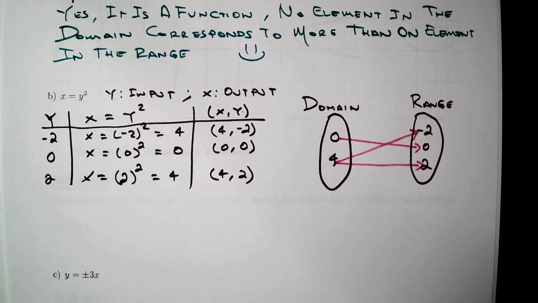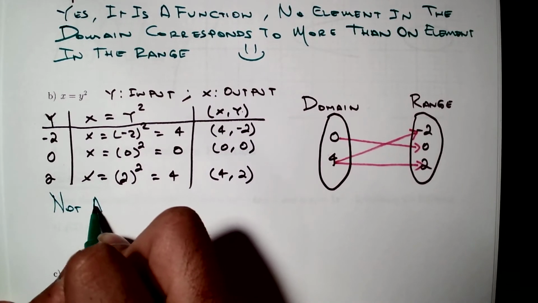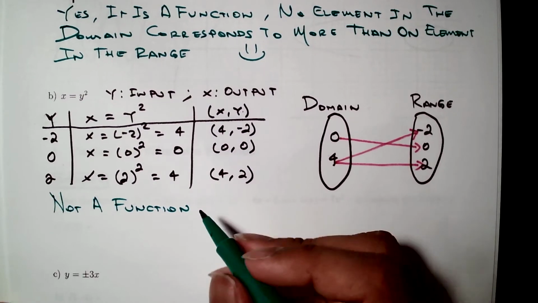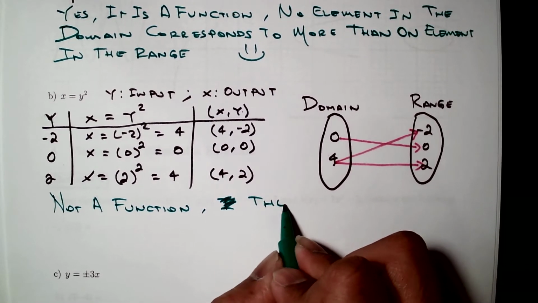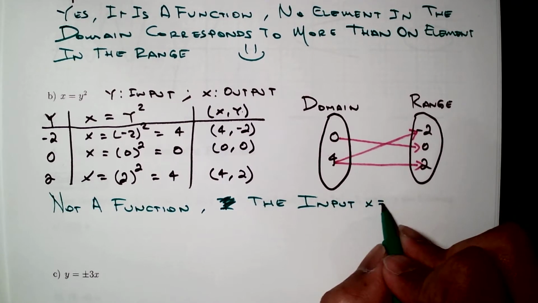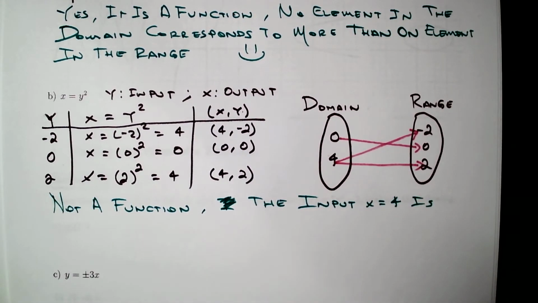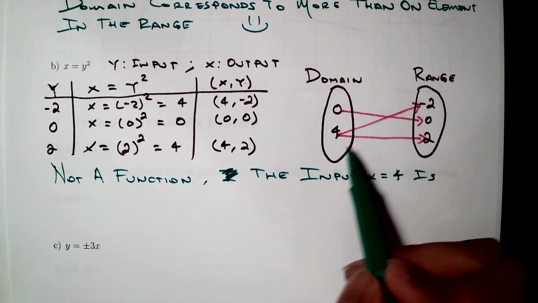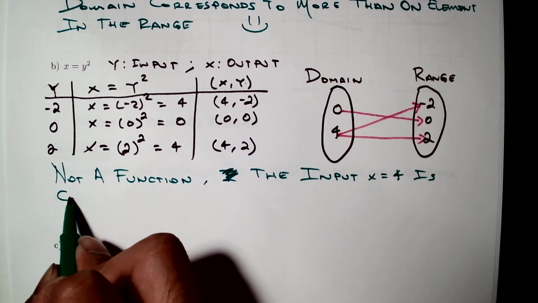Okay, so in this case, let's write it down: not a function, because the input X equals 4. Let's use the actual vocabulary. Well, I notice I said mapping, pairing, but the correct term is corresponding.